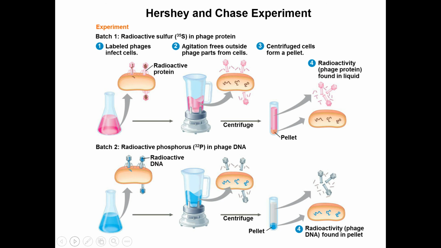And when your new progeny developed, the new phages developed and burst out of the bacterial cells, the fact that these phages had DNA in their nucleus that was radioactively labeled, but the phage proteins were not radioactively labeled, also served as substantiatory evidence to support the fact that DNA is a source of genetic material.